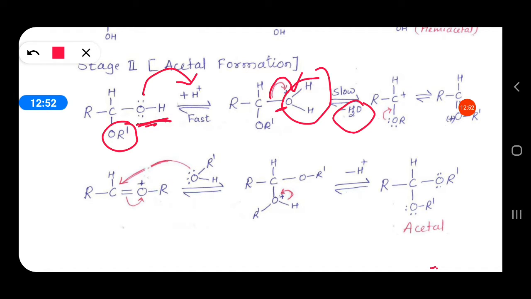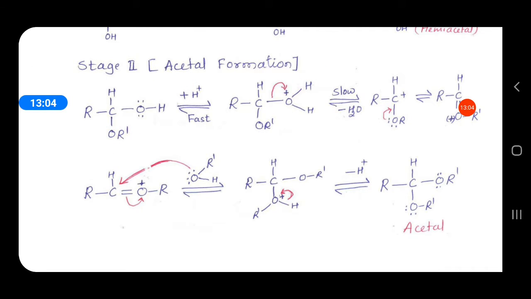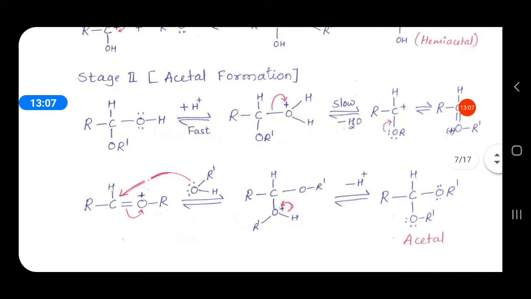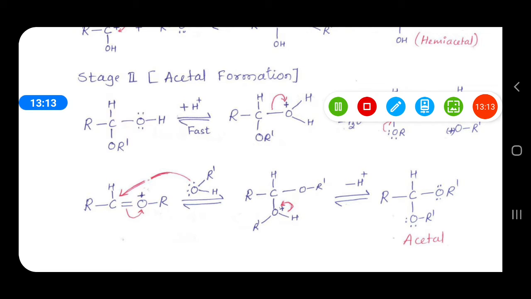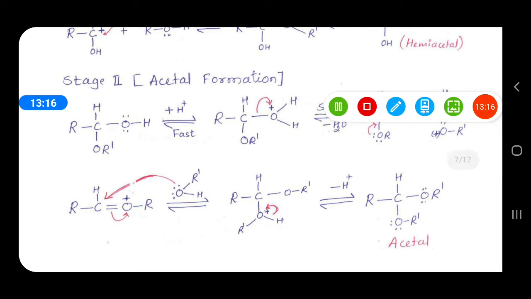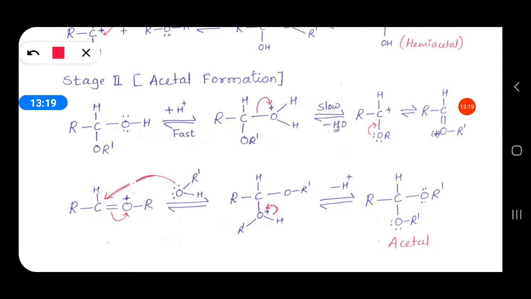Now the lone pair electrons of oxygen are shifted to the CO bond, so that a carbon oxygen double bond is formed and the oxygen gets a positive charge. Now this is ready to react with another molecule of alcohol. With the lone pair electrons of oxygen, the alcohol reacts with carbon and the pi electrons are given to oxygen.